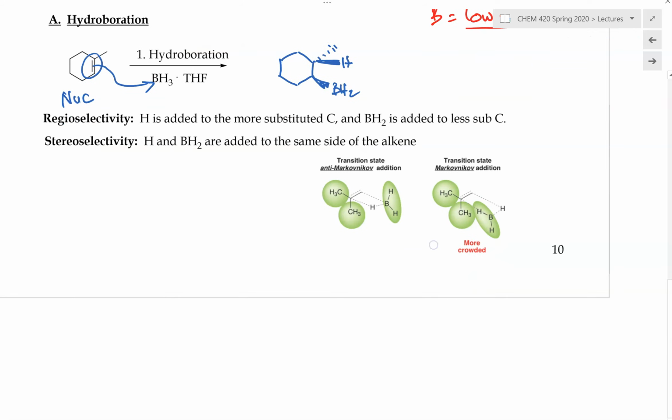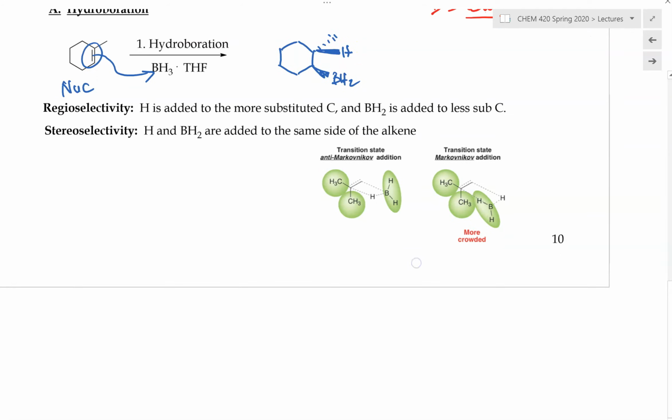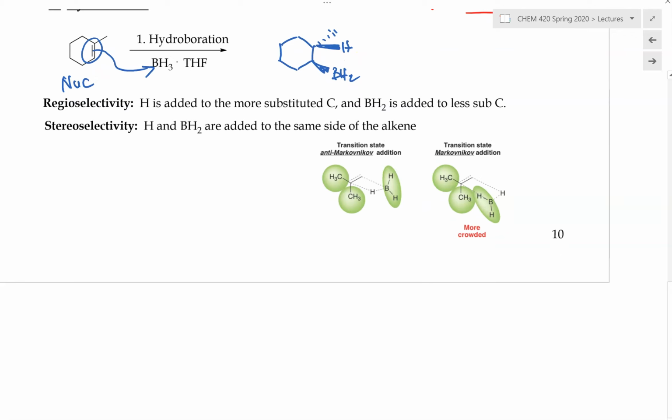Now, the reason why this hydrogen and the BH2 group are added on the same side is as follows. So let's look at this structure and draw the mechanism. When this comes in to interact with the BH3, so here is the BH3.